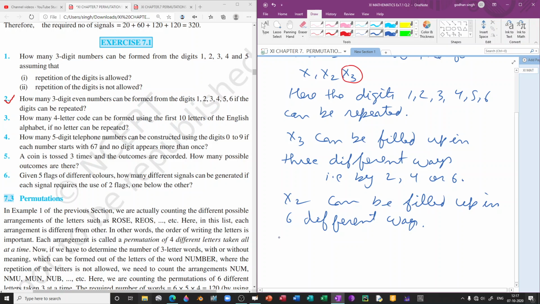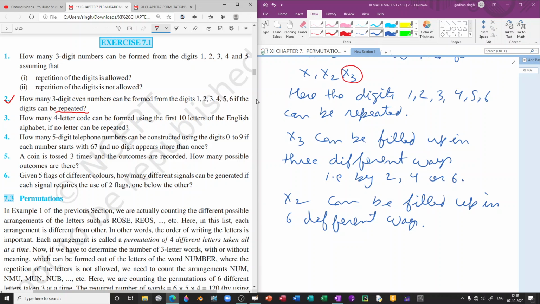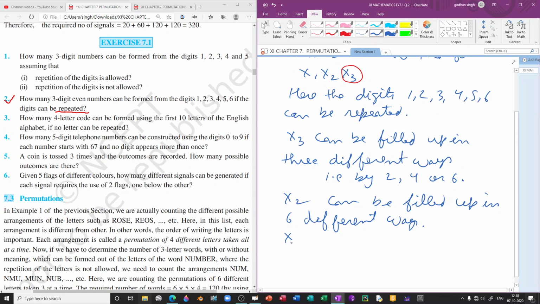Since repetition is allowed, the question says how many 3-digit even numbers can be found from the digits 1, 2, 3, 4, 5, 6 if the digits can be repeated. Since the digits can be repeated, x1 can also be filled up in 6 different ways.